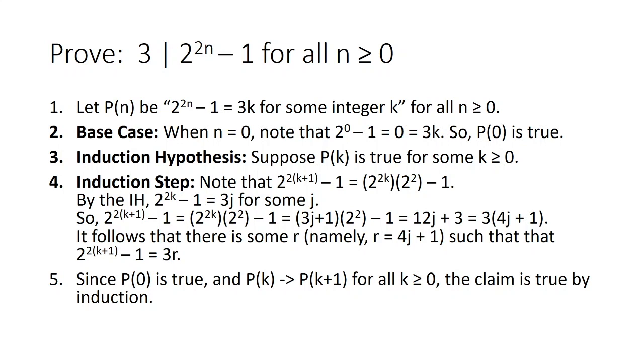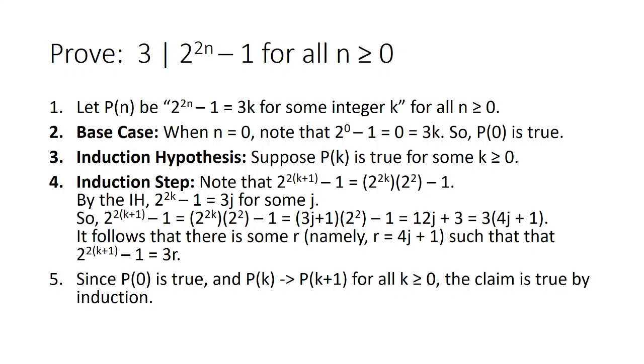Suppose P of k is true for some k. So we want to connect this P of k and P of k plus 1. Note that 2 to the 2 multiplied by k plus 1 minus 1 will be 2 to the 2k multiplied by 2 squared minus 1.